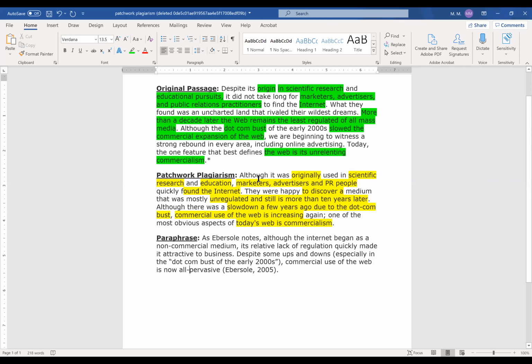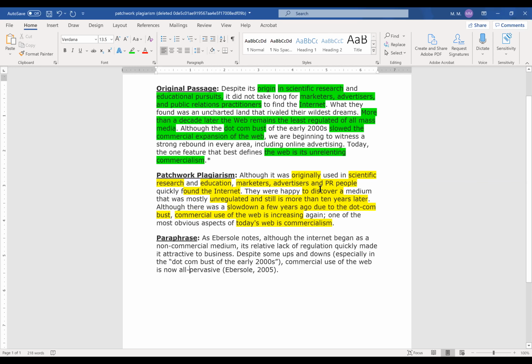Notice how similar the wording is, though, here. Although it was originally used in scientific research and education, marketers, advertisers, and PR people quickly found the internet. There's a lot of overlap between that. This is structural plagiarism, it's patchwork plagiarism.